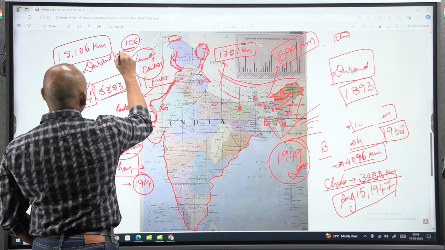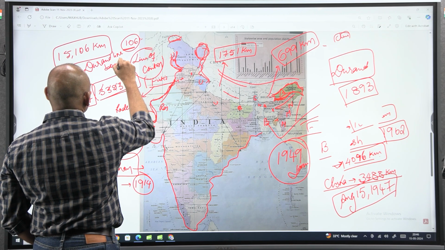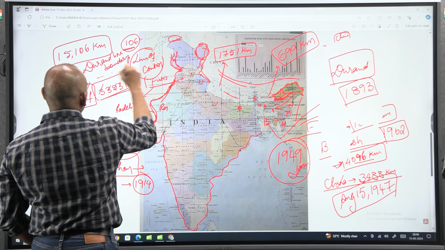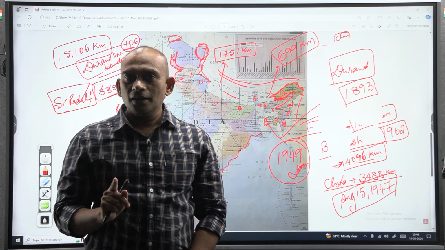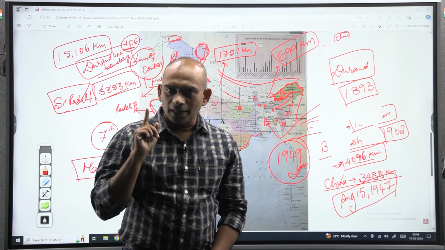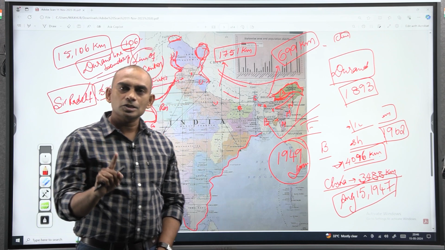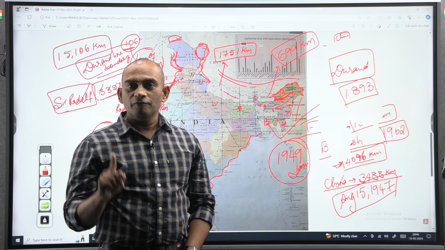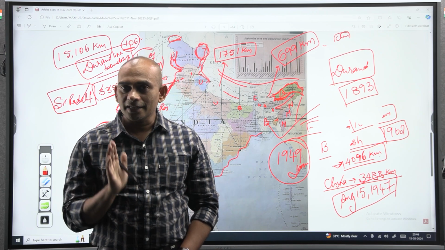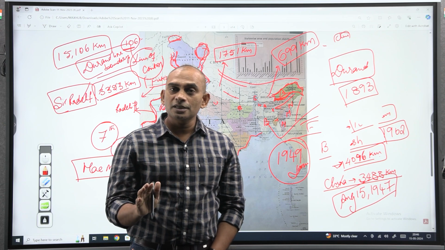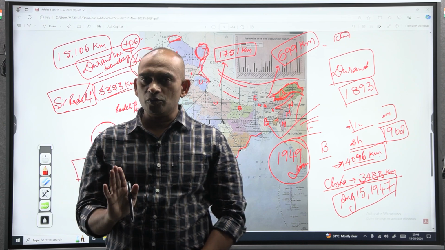With China, it is the line of actual control, and also the McMahon line. With Pakistan, it is the line of control and also Radcliffe, and with Bangladesh, it is the Radcliffe boundary.